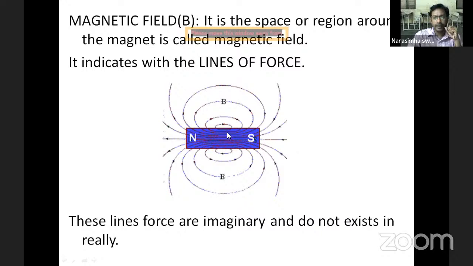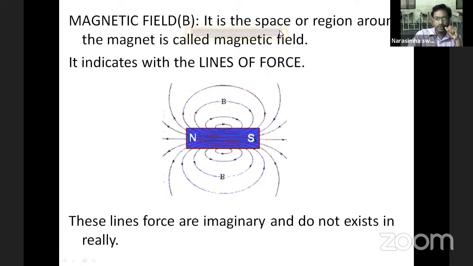Here is the magnet, and the lines of force are coming out from the north pole. The field around this magnet, which we can't physically see, is represented with the lines of force.